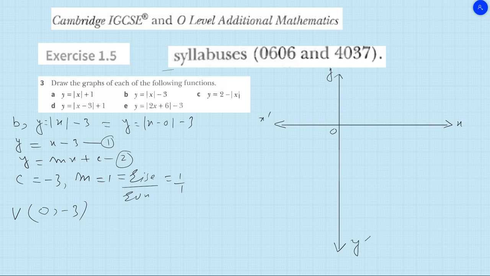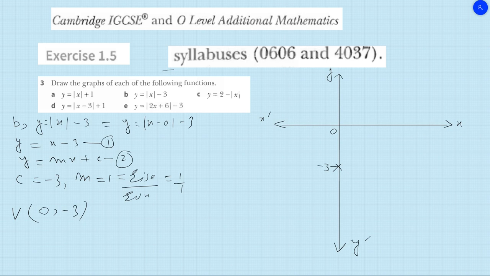So first we have to draw the straight line equation number 1, y is equal to x minus 3. First we have to locate -1, -2, -3. I take 1 square as 1. This is our y-intercept, and rise upon run is 1 upon 1.